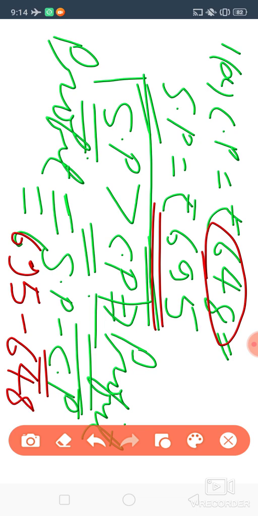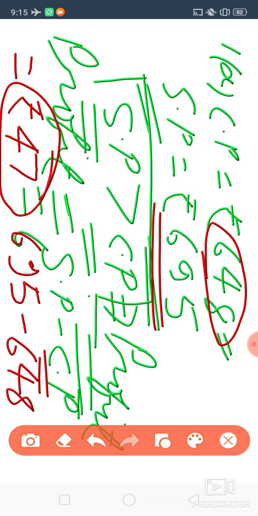Now you subtract both of these. How much will you get? 695 minus 648 gives 47 rupees. So this much profit you are getting, 47 rupees. So this is your question 1A.